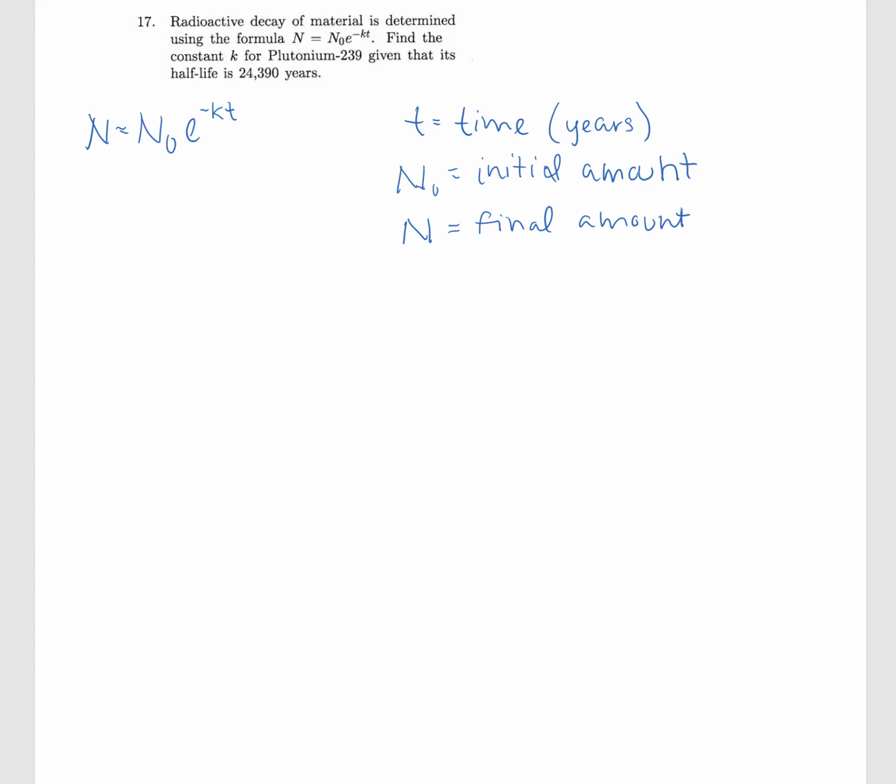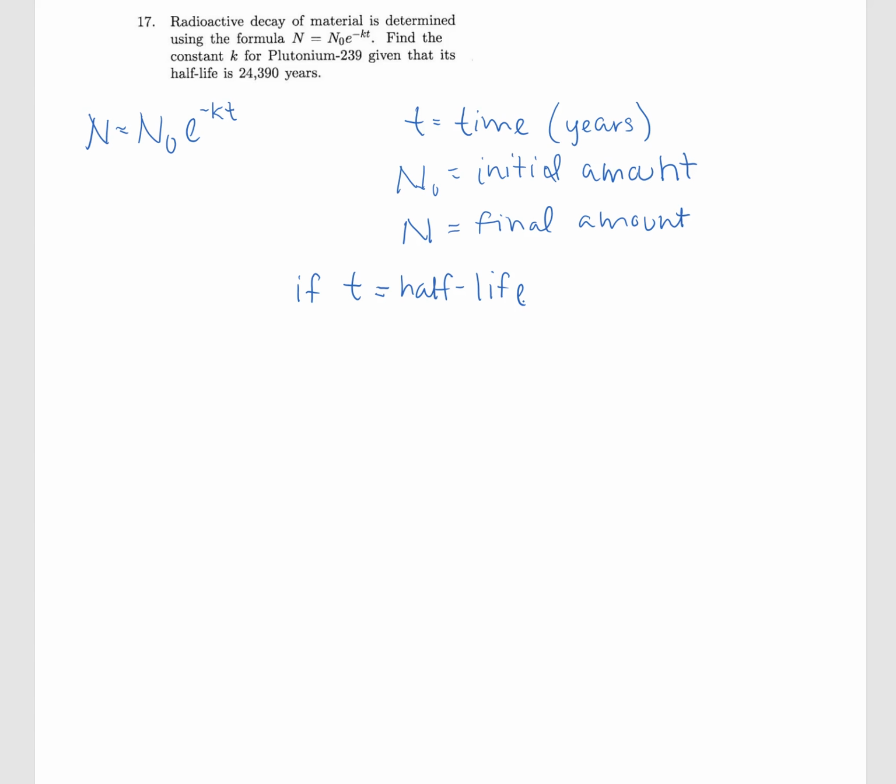It basically says that for any amount of time and a starting material, what are you left with after it's decaying? In our case, though, we're looking at a special circumstance where we're told the half-life of this material. If t equals the half-life, we know that half-life means the time for a material to decay by half of its original amount.